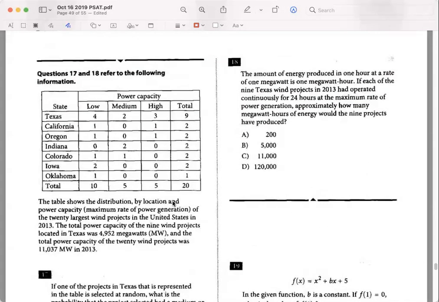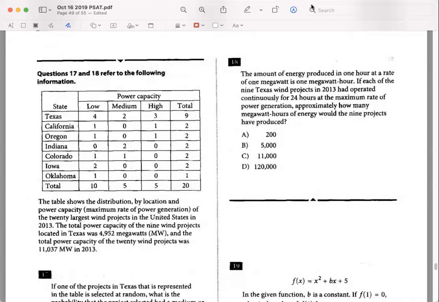Okay, the amount of energy produced in 1 hour at a rate of 1 megawatt is 1 megawatt hour. If each of the 9 Texas wind projects in 2013 had operated continuously for 24 hours at the maximum rate of power generation, approximately how many megawatt hours of energy would the 9 projects have produced?